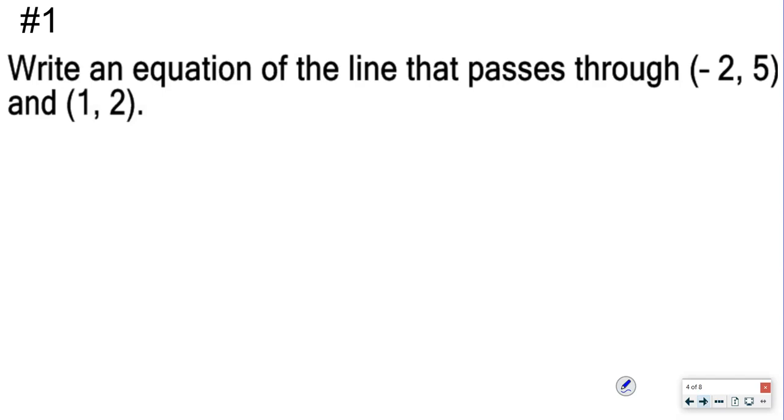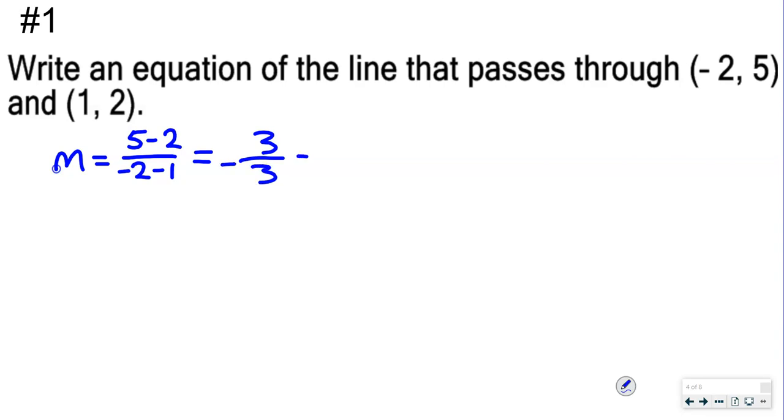So first we need to find the slope. So our slope is going to equal 5 minus 2 over -2 minus 1. That'll give us our rise over run of 3 over -3. So just -3 over 3, which is -1. So we have a slope of -1.